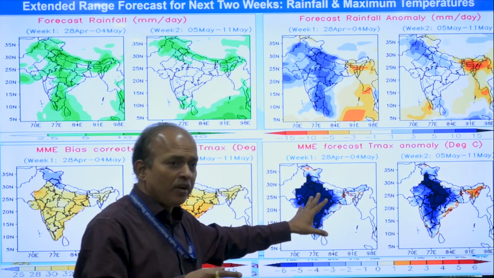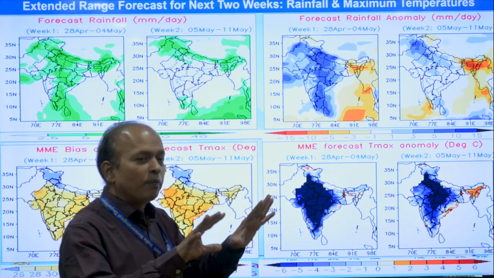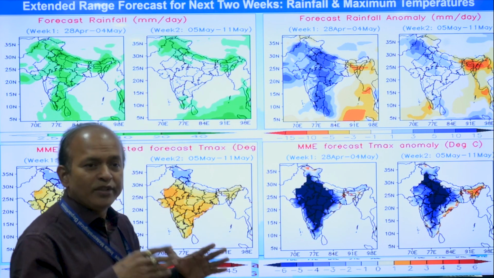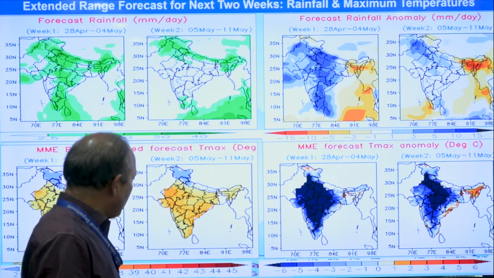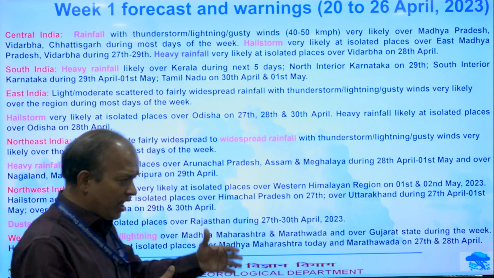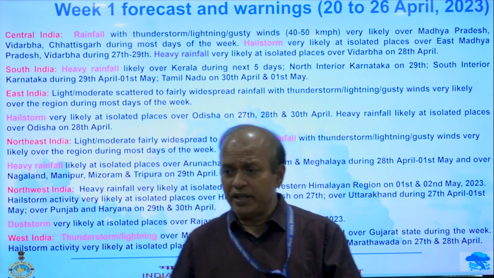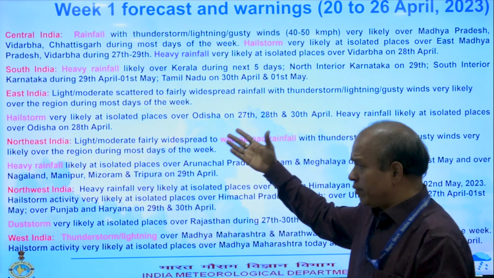Overall, maximum temperature is going to be below normal during week 1 as well as week 2. So this way we have given the warning, and I already mentioned which parts and what types of severe weather will occur.